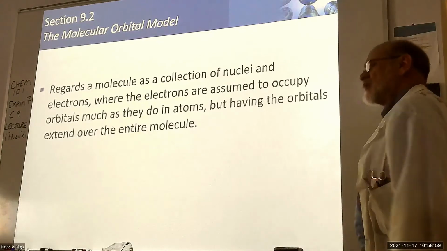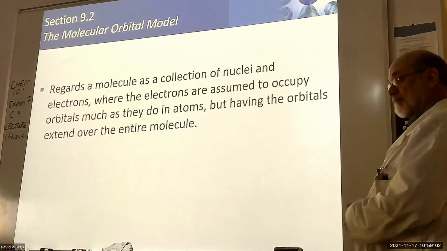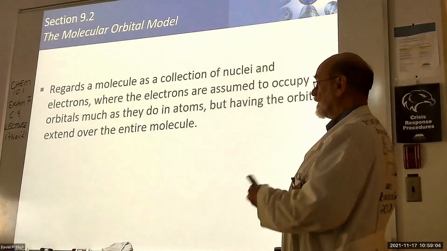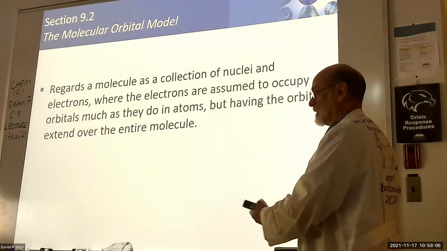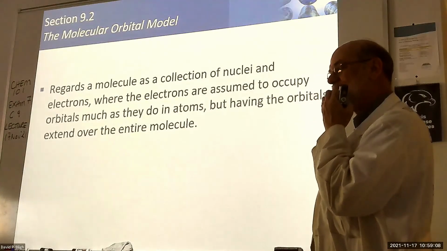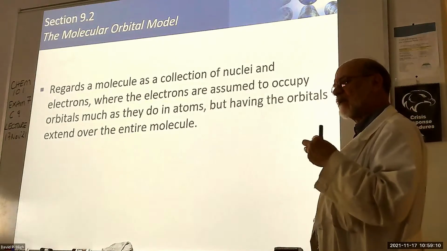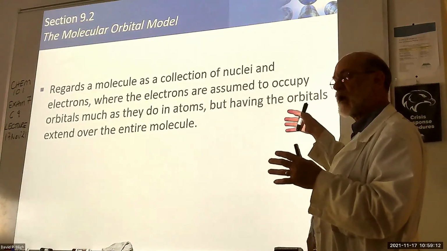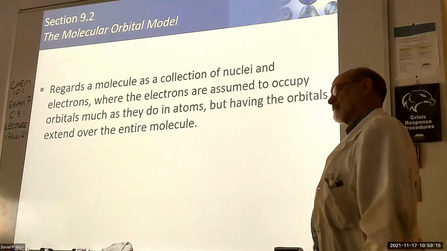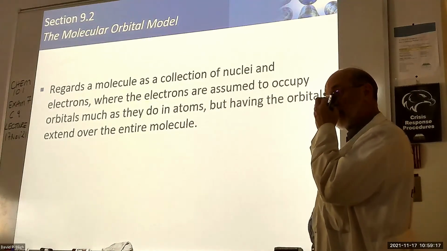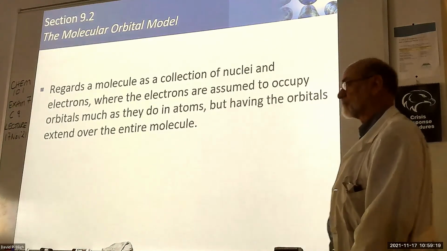All right, so the solution to the problem, in chronological order, this one is the next development. And this is the current model that most effectively overcomes those shortcomings of the localized electron model and the valence bond theory.